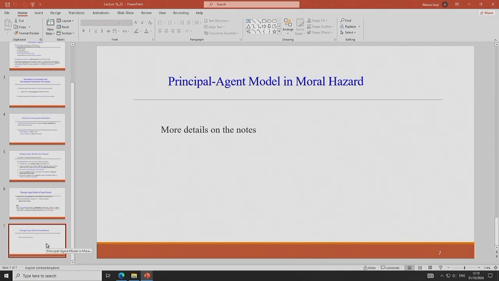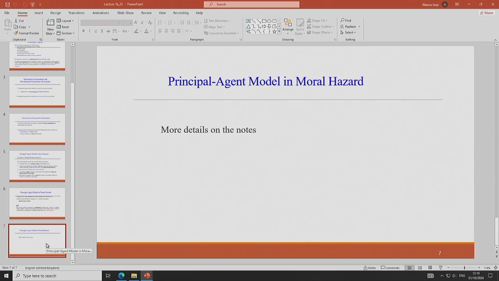So at the very beginning, in t equal to 1, P, the principal, offers a contract, which can be T upper bar or T lower bar. So it is already decided. In t equal to 1, the agent accepts or rejects the contract. If he rejects, we're done.